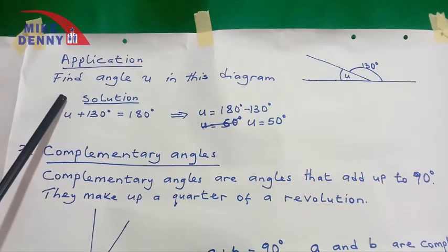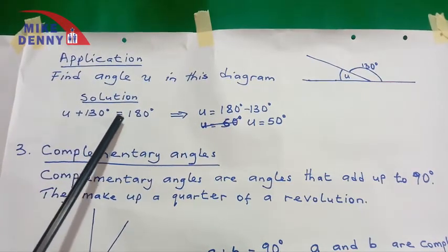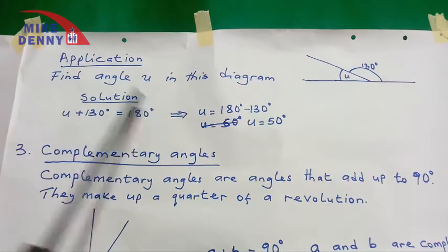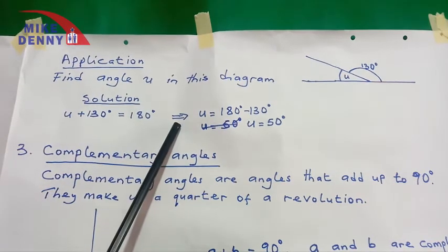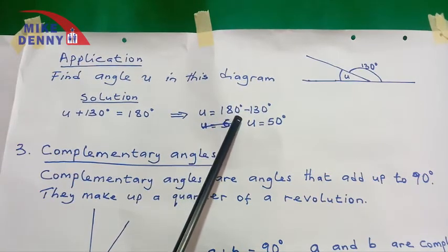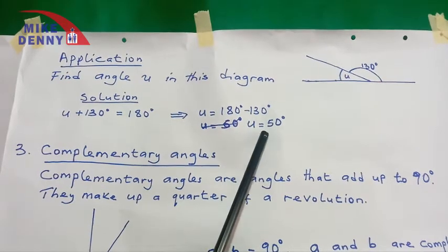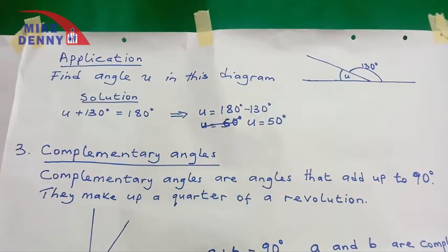Therefore, solution: U plus 130 degrees equals 180 degrees, which implies that U equals 180 degrees minus 130 degrees. U is therefore 50 degrees.